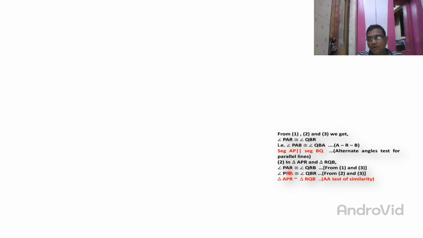We have already proved that angle PAR is congruent with angle QRB, from 1 and 3. Then angle PRA is congruent with angle QBR, from 2 and 3. So these triangles are similar by the AA test.